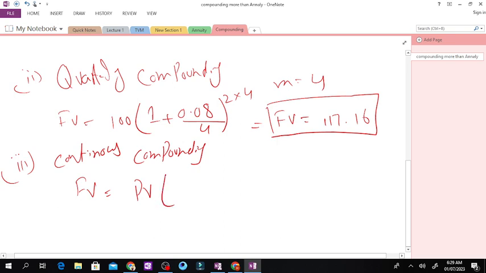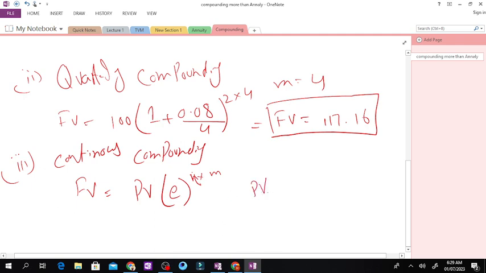Here we don't use 1 plus i, because we don't have any information regarding n, how many times we would receive that amount. So we will use e, which is exponential, raised to i multiplied by n.